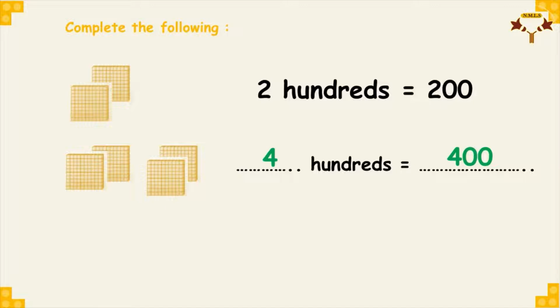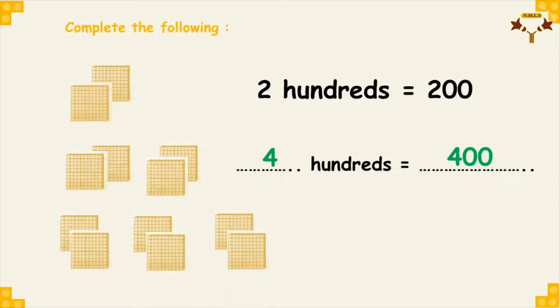Another example: 1, 2, 3, 4, 5, 6. Yes, 6 blocks. So now I have 600, and hundreds equal 2 zeros, so the number will be 600.